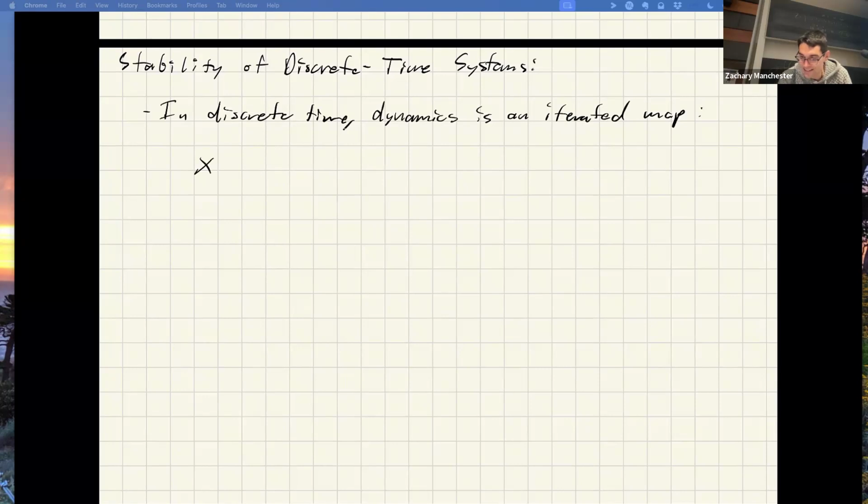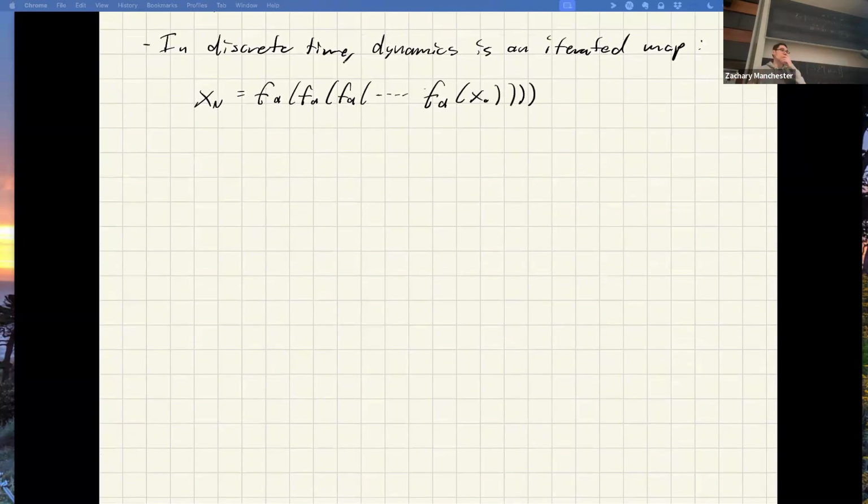So we've got something like x_n equals f, I guess we'll do a little subscript d, f of f of ... of x naught. How many parentheses? Blah, blah, blah. Okay, so now we're going to do our linearization thing, and it comes down to just doing the chain rule.